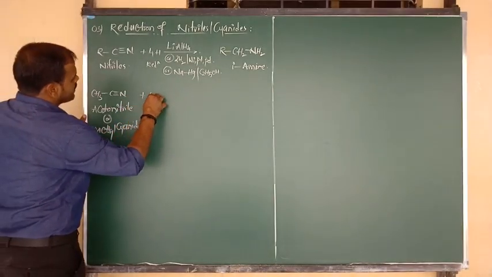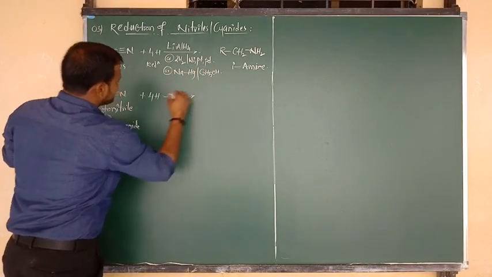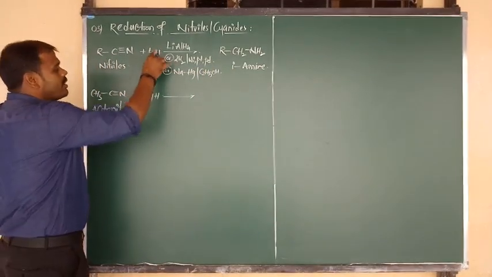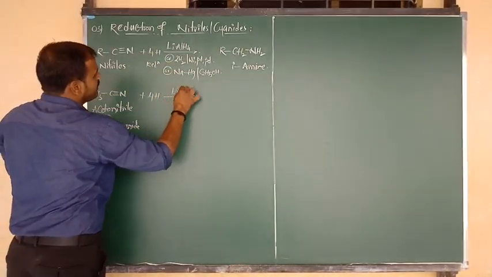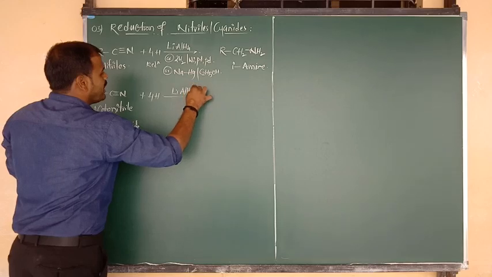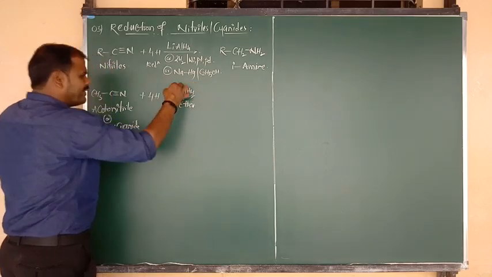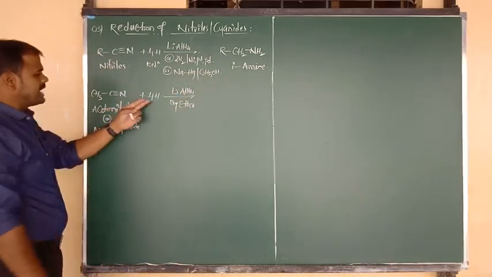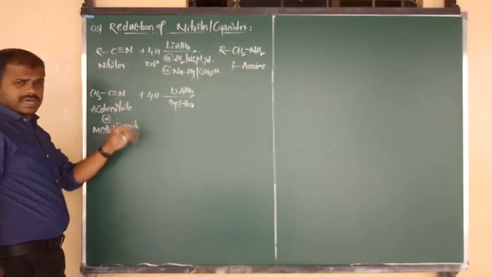Acetonitrile upon reduction by considering 4 moles of hydrogen atoms, or otherwise you can write 2 moles of H2, or 4 moles of free reactive hydrogen atoms provided by lithium aluminum hydride in the presence of dry ether. Or in that place you can write any one of the reducing agents as you wish. Same thing: out of 4, 2 hydrogens are given to the central carbon and 2 hydrogens are given to nitrogen.